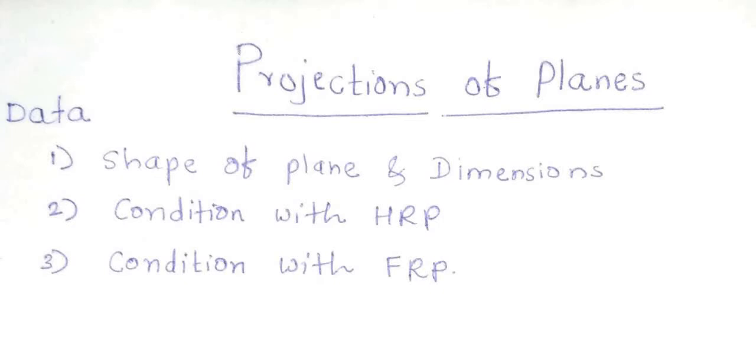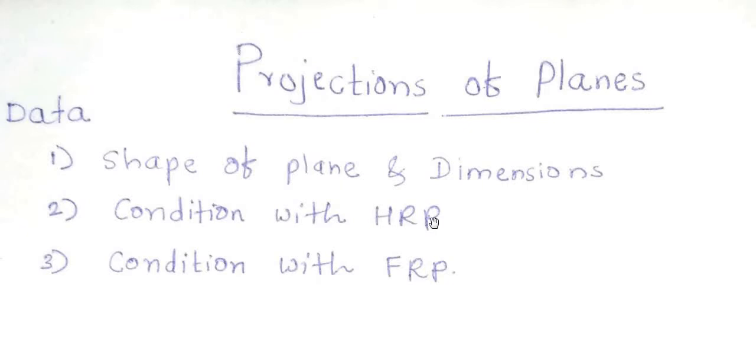The second part of the data would be the condition with HRP. This data in turn will contain two subdatas. The first, some element of the given plane would be in HRP, be it a point of a given plane, one edge of the given plane or diagonal of the given plane.